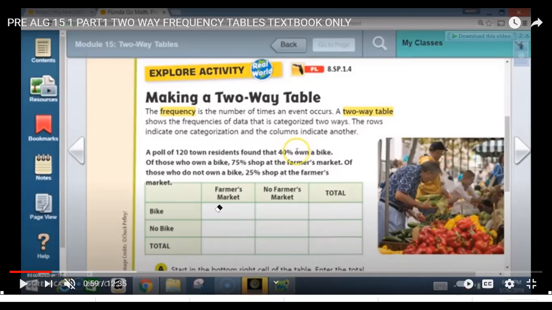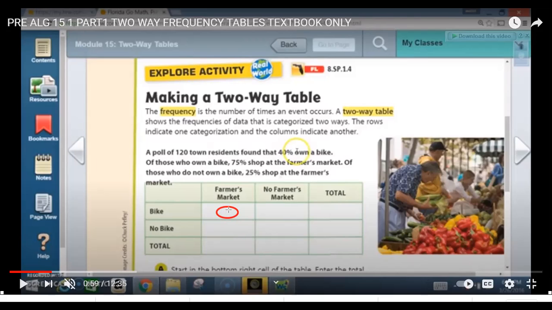For each cell in the two-way table, for this one which I'm standing on now, this cell will represent the intersection between the column and the row. If I'm standing here, who can tell me what this cell represents? The people who have a bike and shop at the farmers market.